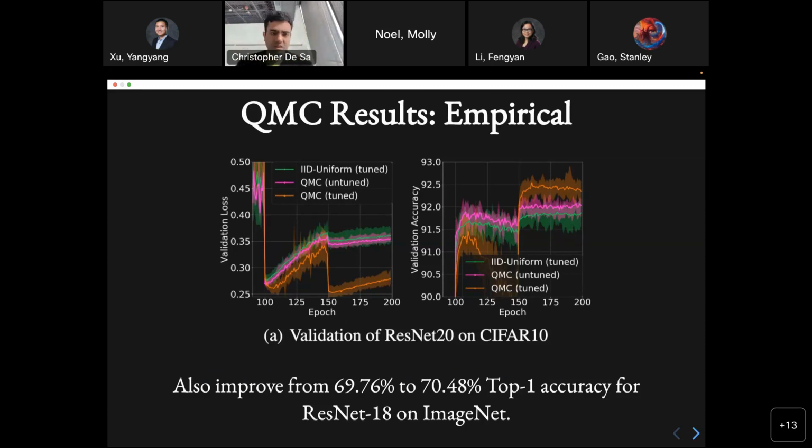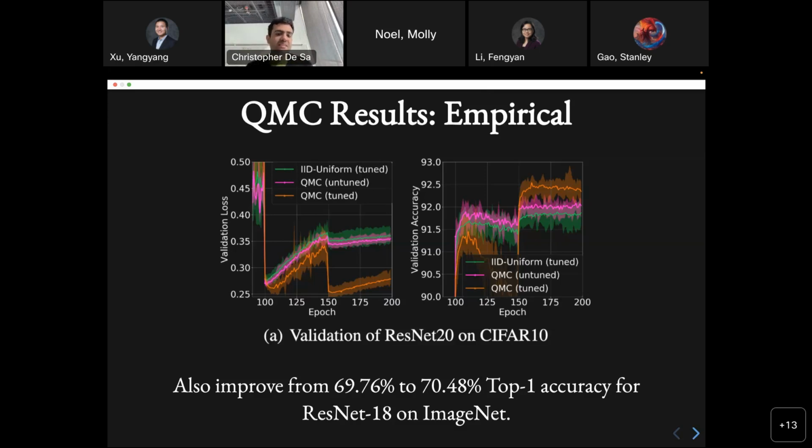And we can observe that when we replace our regular independently drawn at random uniform data selection method with quasi-Monte Carlo, we already see a significant difference in validation accuracy and validation loss. So it already improves a little bit.